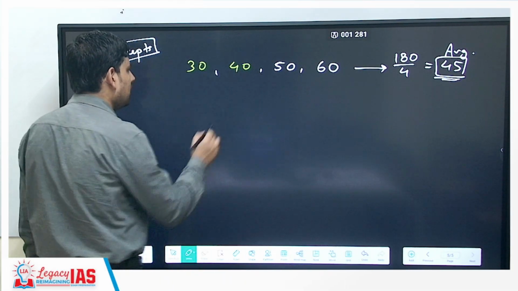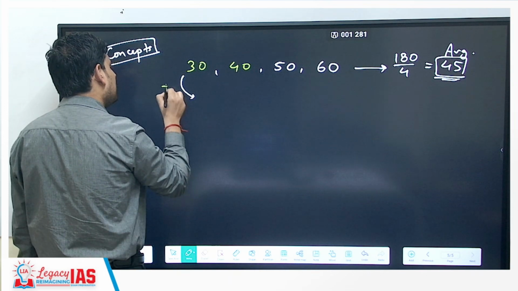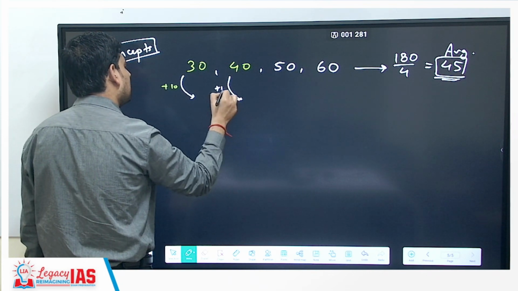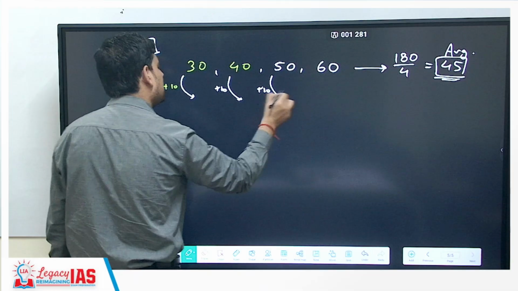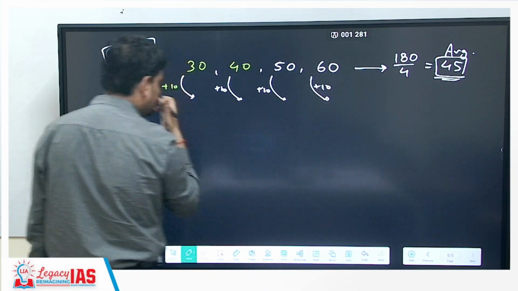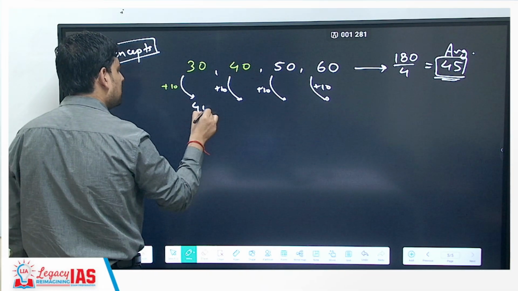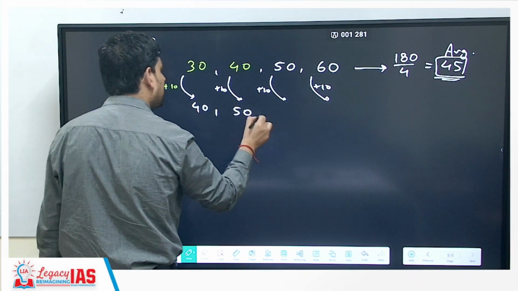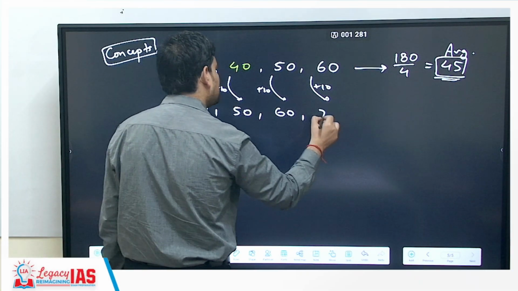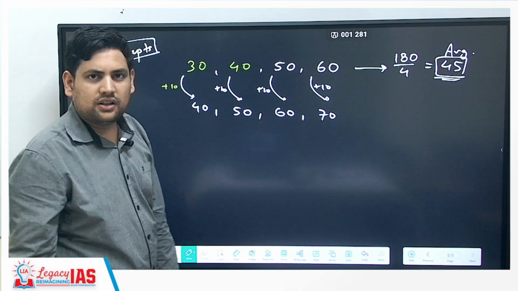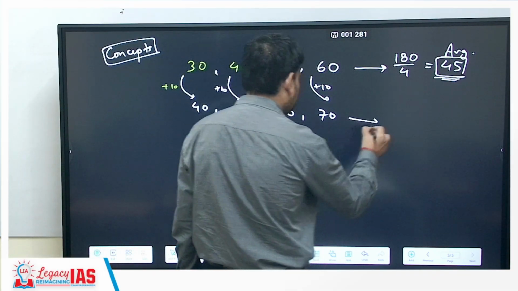Then let's just increase all of them by 10. All of them I am increasing by 10. So 30 plus 10 becomes 40, 40 plus 10 becomes 50, 50 plus 10 becomes 60, 60 plus 10 becomes 70. Now I ask you, what is the average of this?